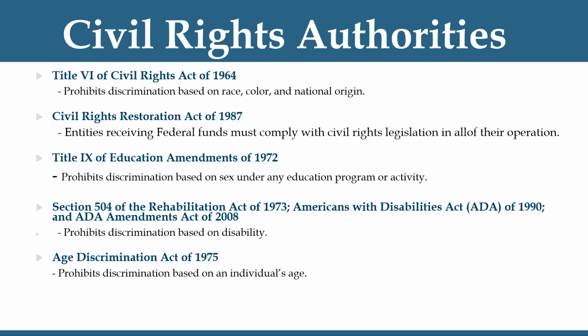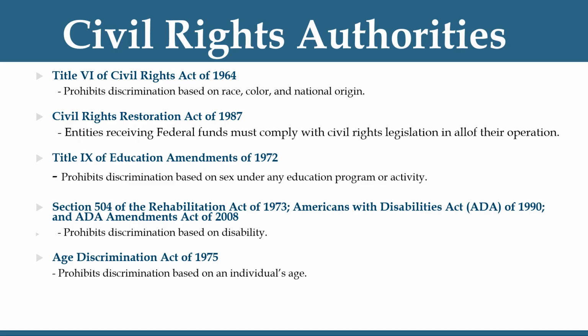The next few slides are going to talk about the history of where all of this came from and why we have 6 protected classes. The Civil Rights Act of 1964 was the genesis of our civil rights laws. It addressed race, color, and national origin.